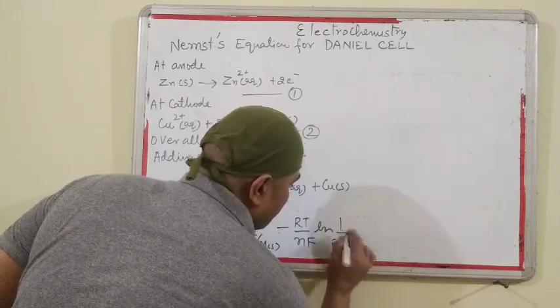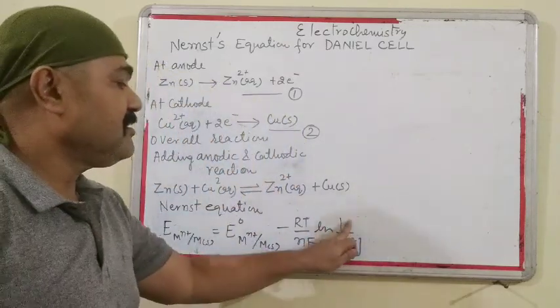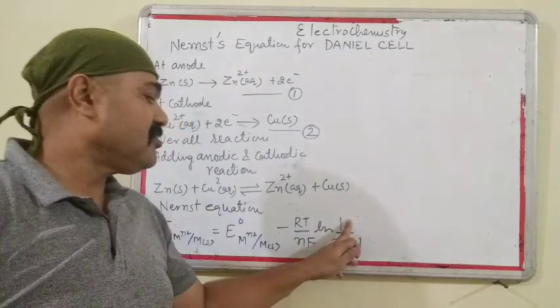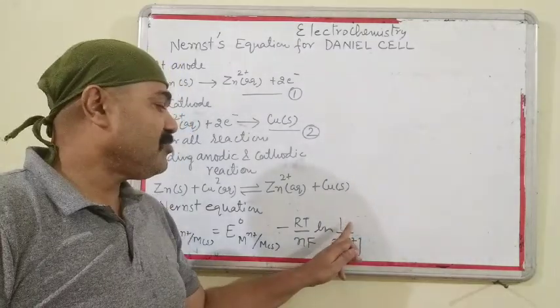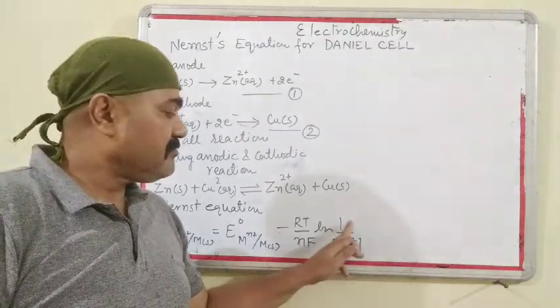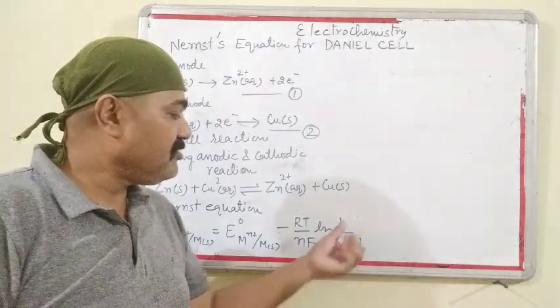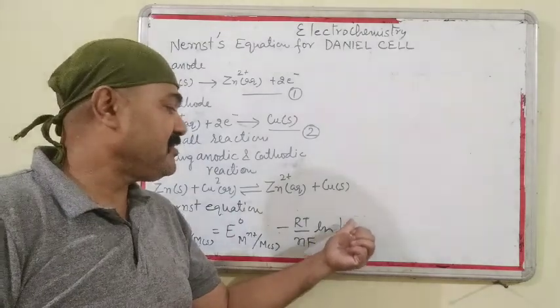Here, the concentration of the metal in solid state also comes in the numerator, but we take that value as unity, so I have placed 1 here.